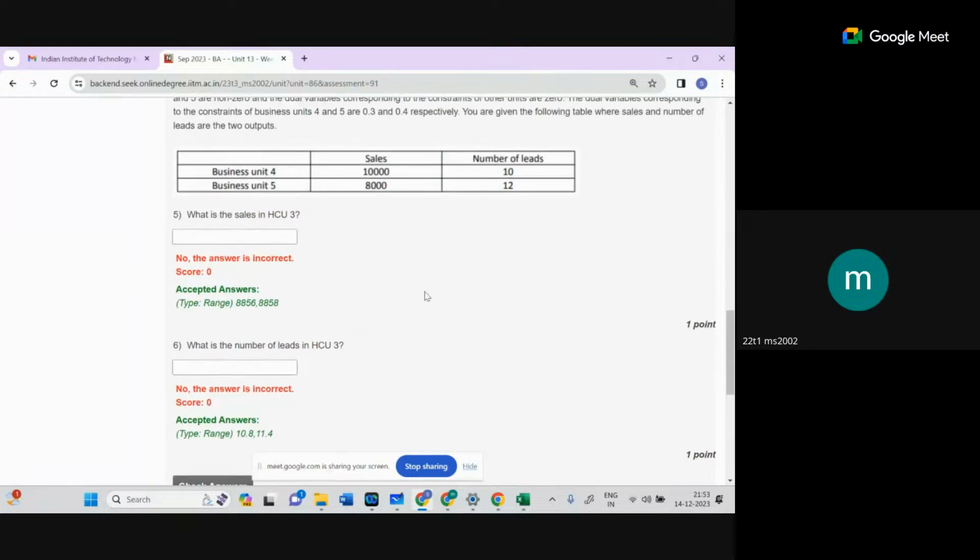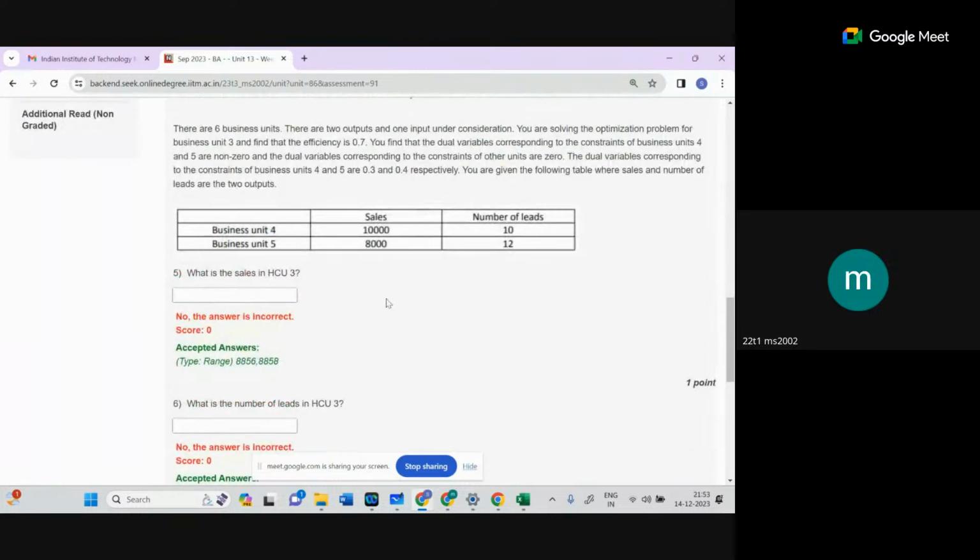This is the kind of numericals you can expect. Imagine a case where you have 1 output and 2 inputs. The moment you see this, take a look at the dual variables. Are they adding up to 1? If they add up to 1, you don't have to normalize them. Directly multiply 0.3 into 10,000 and 0.4 into 8,000 and you get the answer.